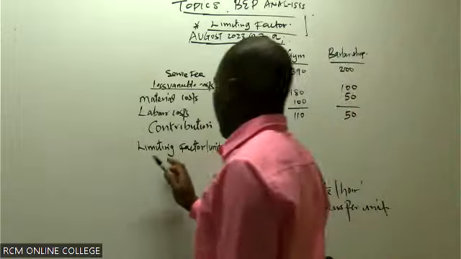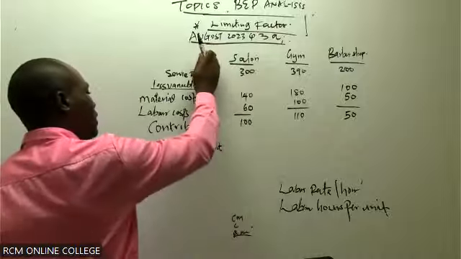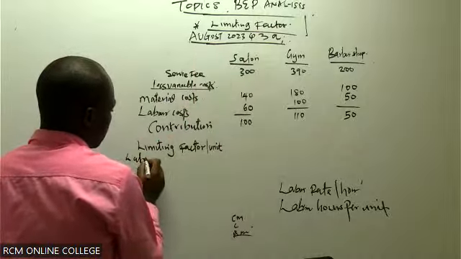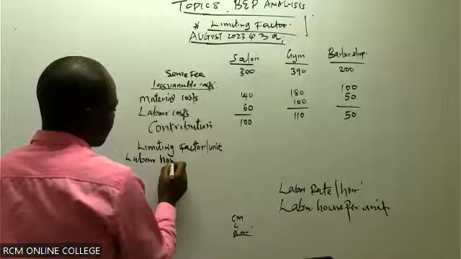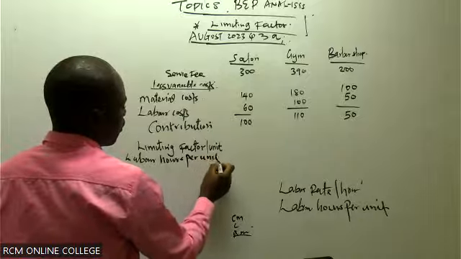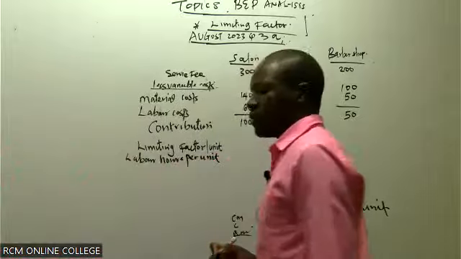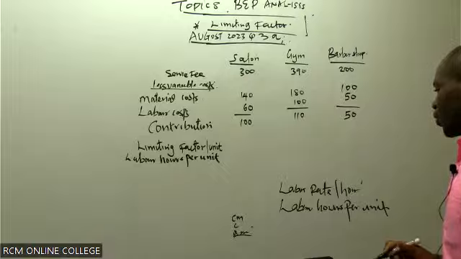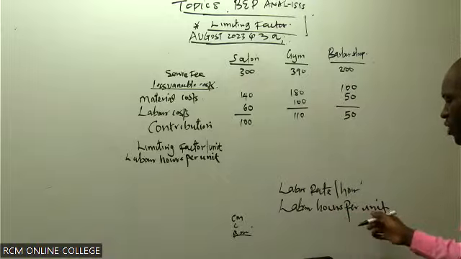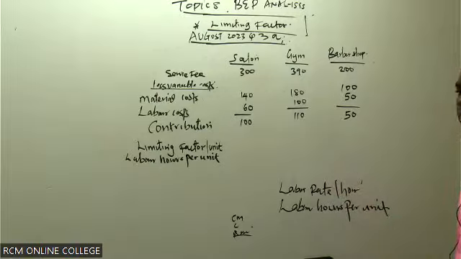What we are using here, the limiting factor per unit, as per this particular question, is labor hours per unit. So what have we been given in the question? Do we have labor hours per unit or labor rate per hour?